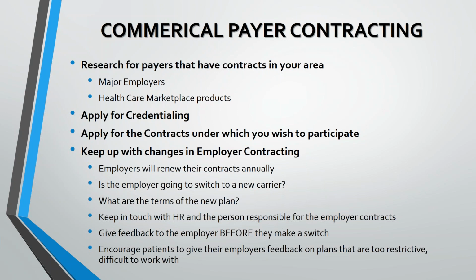Because remember, most of the time when you're dealing with employer-sponsored health plans, you typically only have to deal with that plan for a year at a time. And if they're great plans, then obviously you hope they won't change. But if they're terrible, you have a year in which you can make your case and encourage them to change plans or enhance their plans to include the services that you offer.